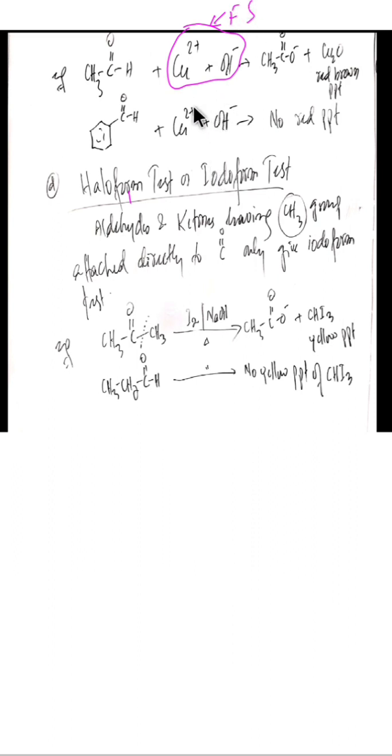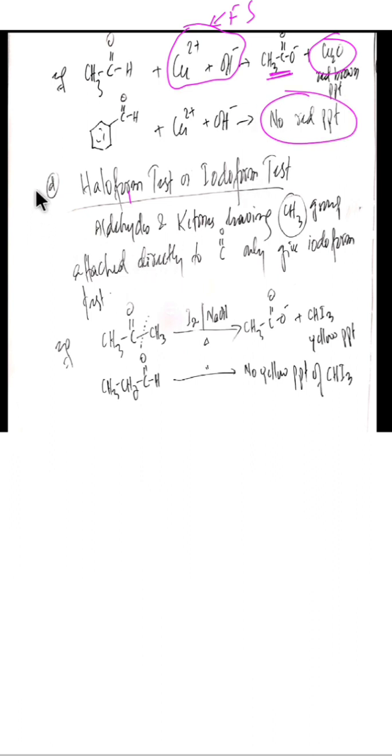Now when this is reacted with aliphatic aldehyde, without benzene, we form this carboxylate ion and red brown PPT of cuprous oxide, Cu2O, and if red brown PPT comes out, then the aldehyde has to be an aliphatic aldehyde. So this test is not given by aromatic aldehyde, no red PPT.